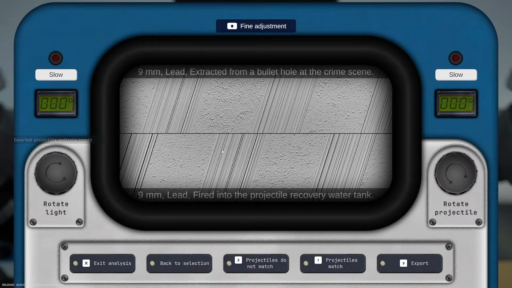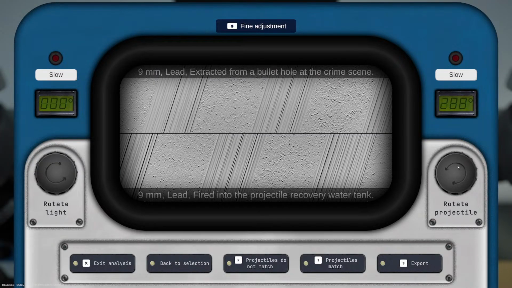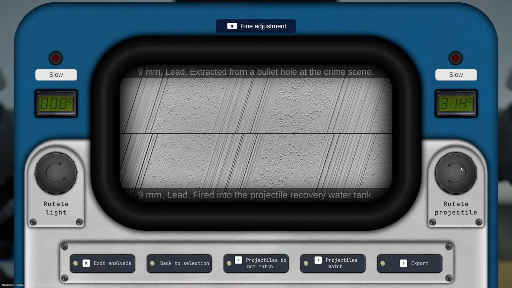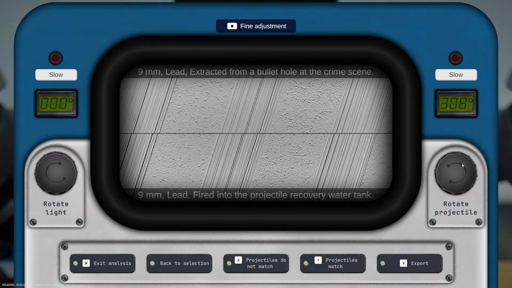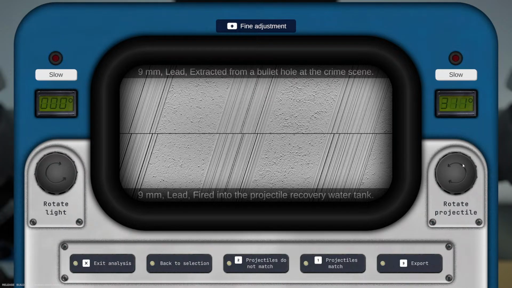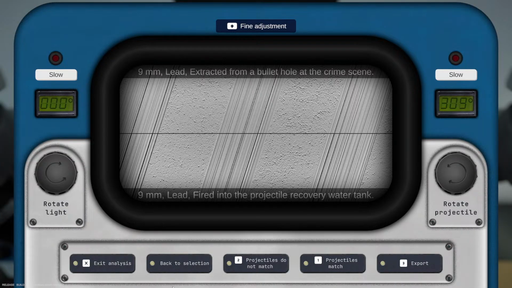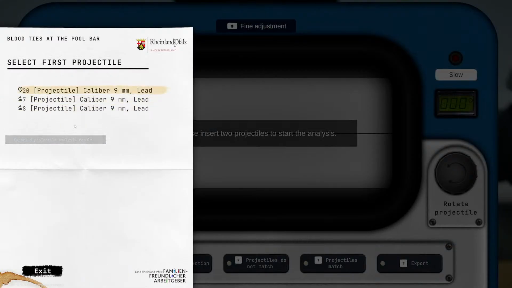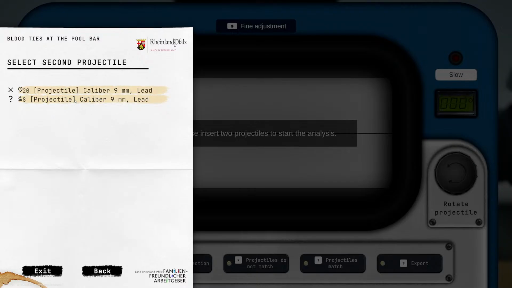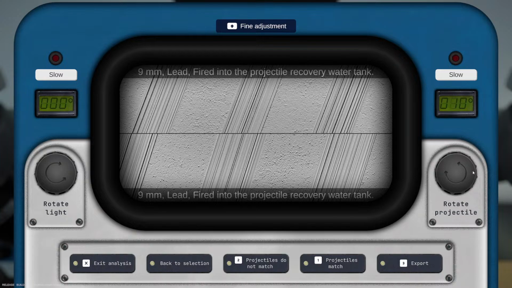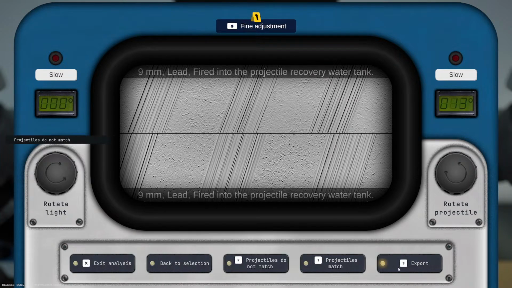Let's check this one. Okay, yeah, this is already a match. I already got it right there. Alright, that is a match. Go ahead and export that. And I think that's all I need to do, right? Yeah, because these aren't going to match.